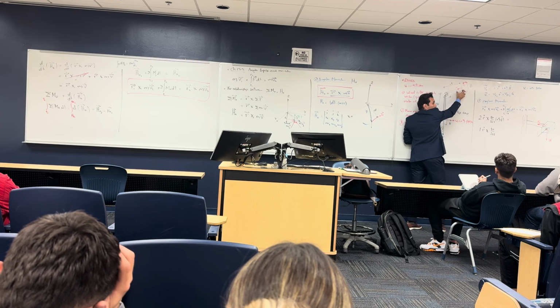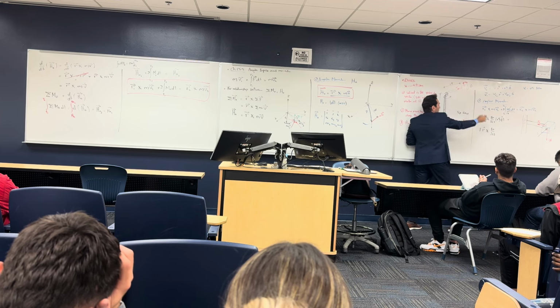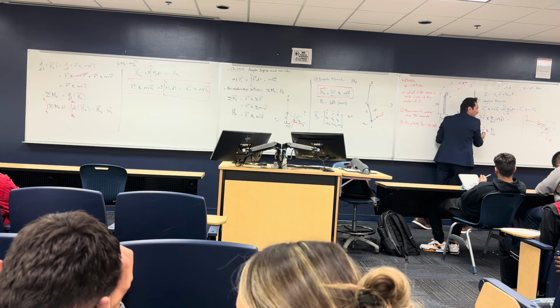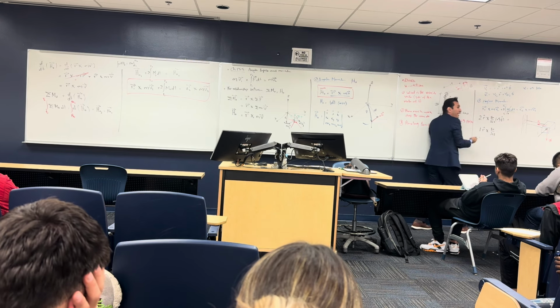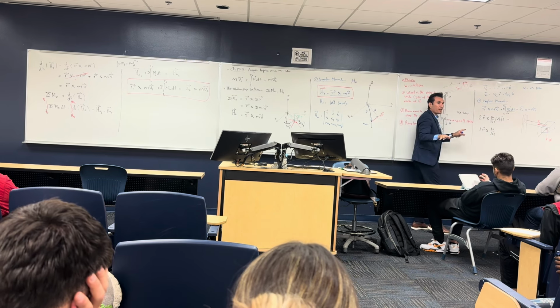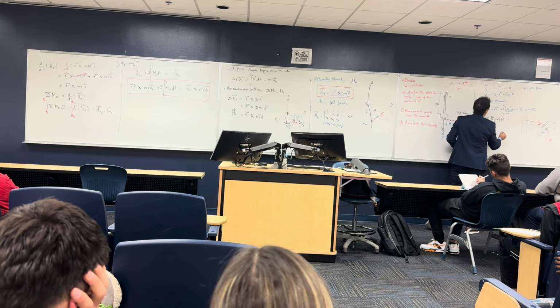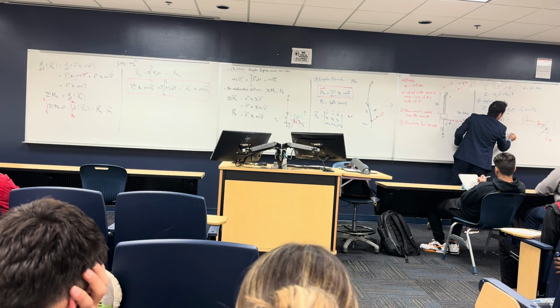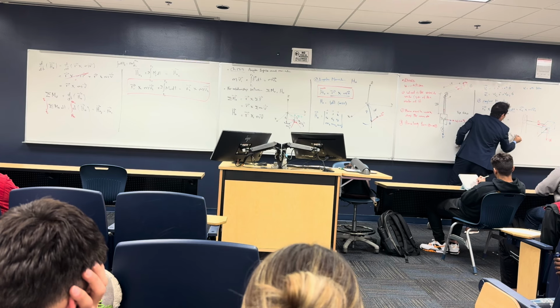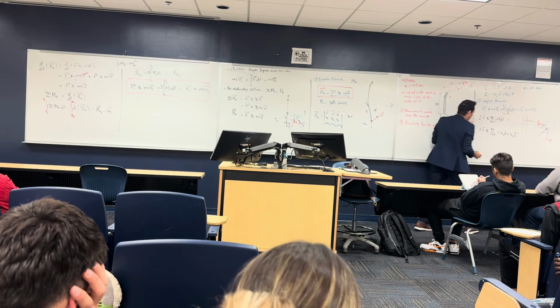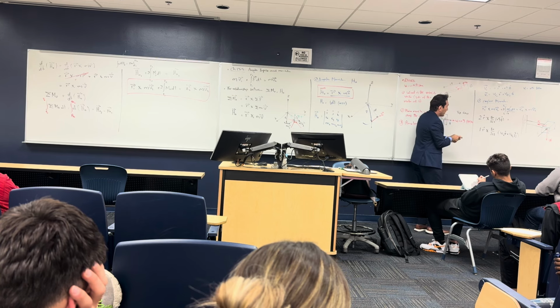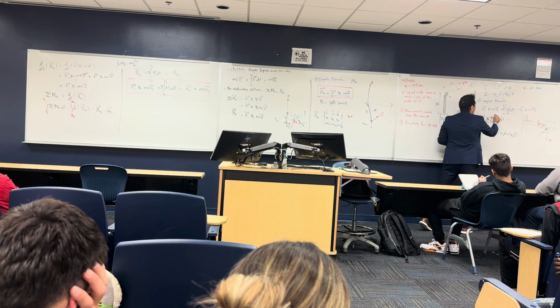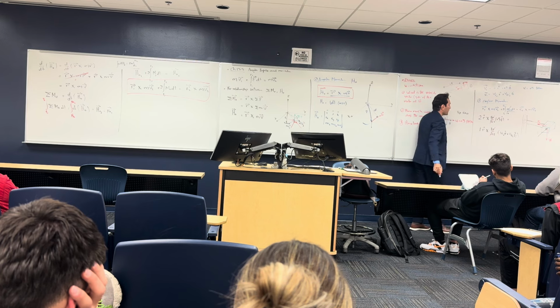VR doesn't matter, because it has a direction R hat, so multiplying R hat by R hat is gonna be 0. But you can put it: VR2 in the R hat direction plus V theta 2 in the theta hat direction, okay? So let's get this. I can divide by the mass.